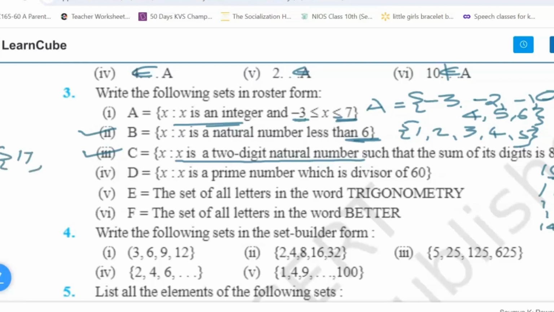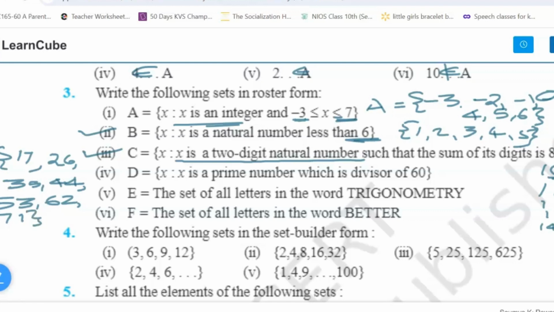Okay, then if you go to the next list, 20, 21, 22, like that. It will be 26 because this is the combination that makes 8. Then comes 35, 44, 53, 62, 71.